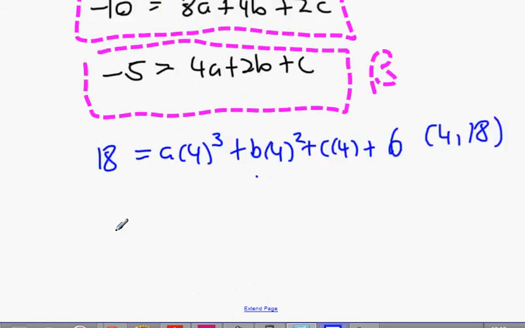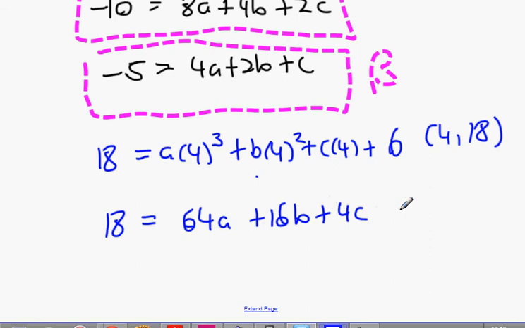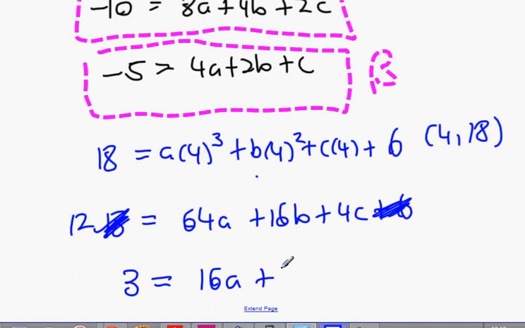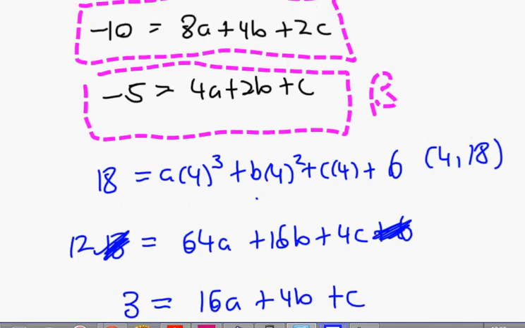Put it all in. 18 equals 64a plus 16b plus 4c plus 6. Oh, sorry, bring the 6 on the other side, and it becomes a 12. Divide by the number 4. 3 equals 16a plus 4b plus c.